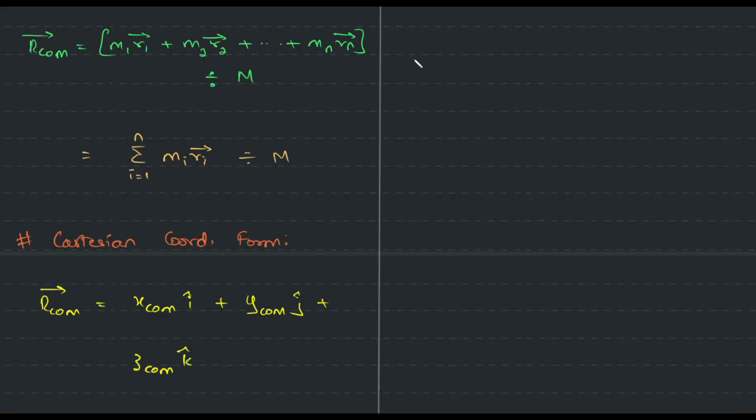So x CoM will be m1 x1 plus m2 x2 plus dot dot dot, plus we have mn xn. So this entire expression is divided by M again.